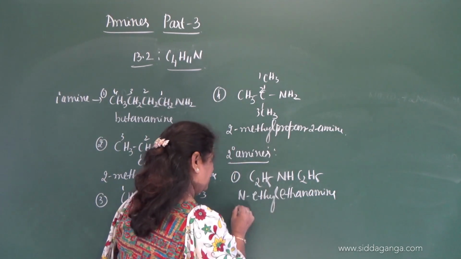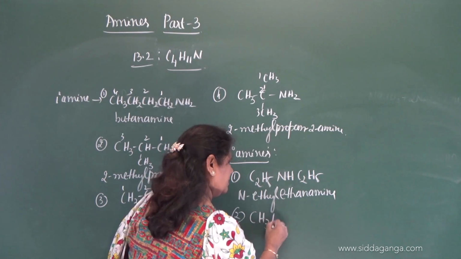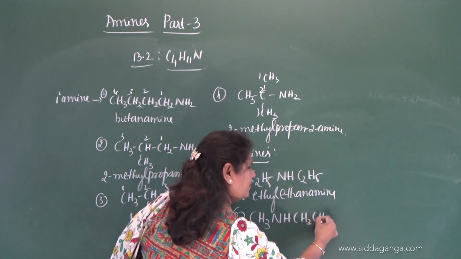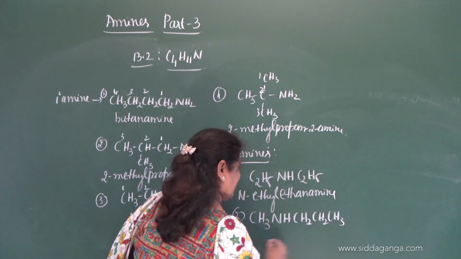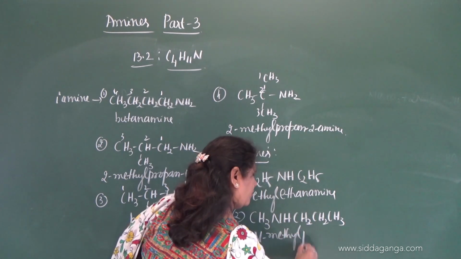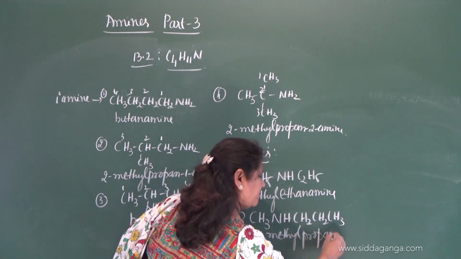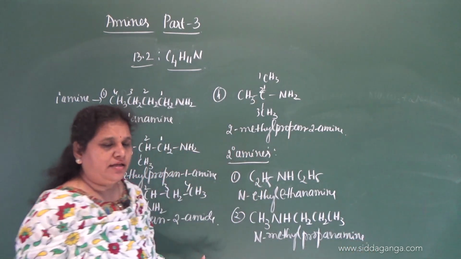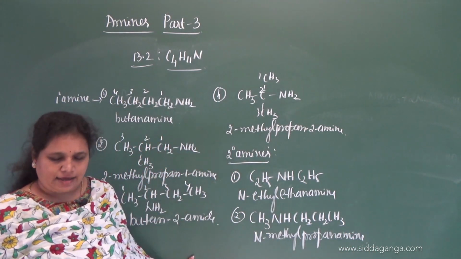Second one, CH3NHCH2CH2CH3, N-methyl propanamine. N-methyl propanamine is the second secondary amine.